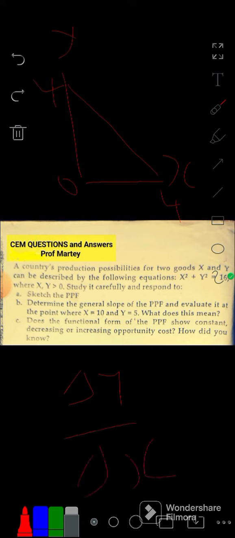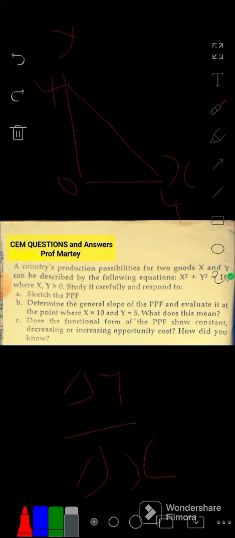Because we were given an equation, you really find the change in respect to x, so that we'll get our gradient formula.